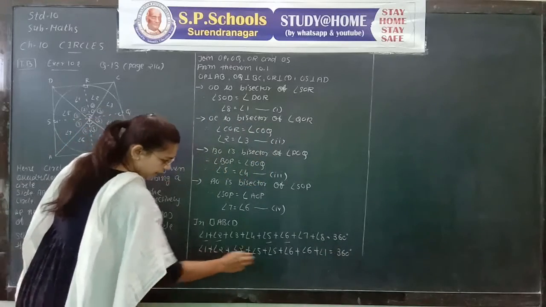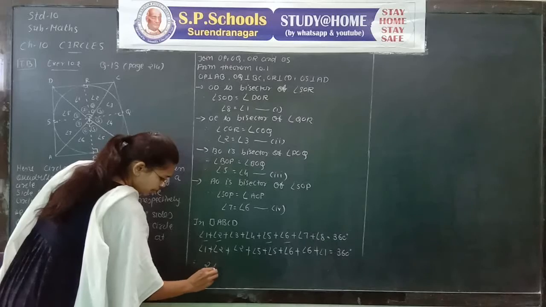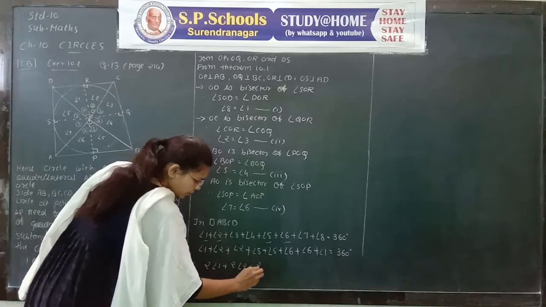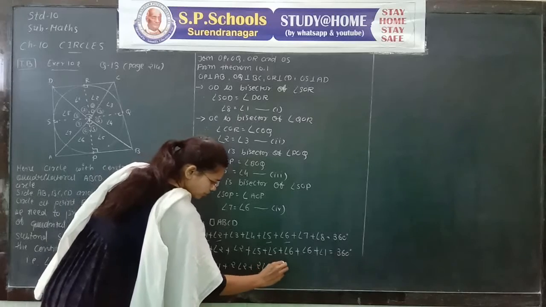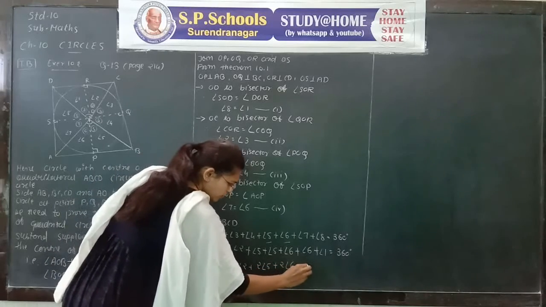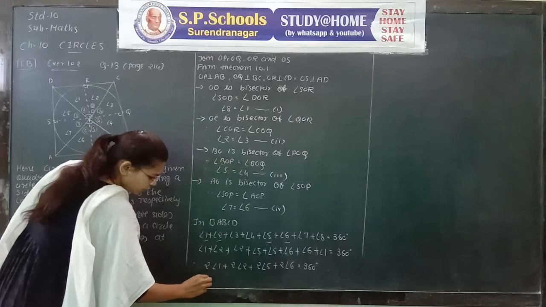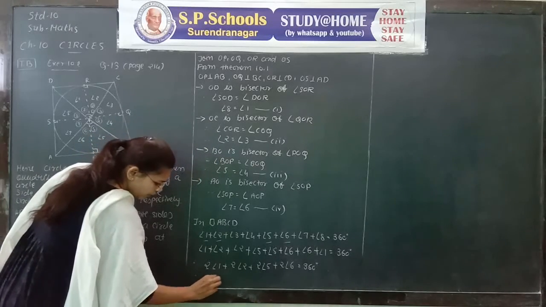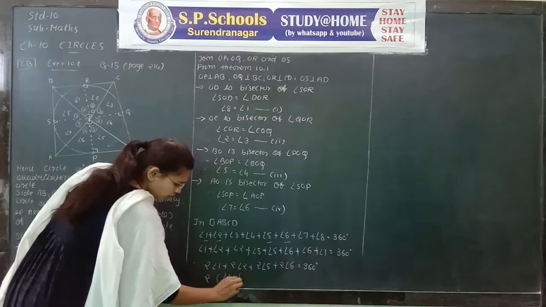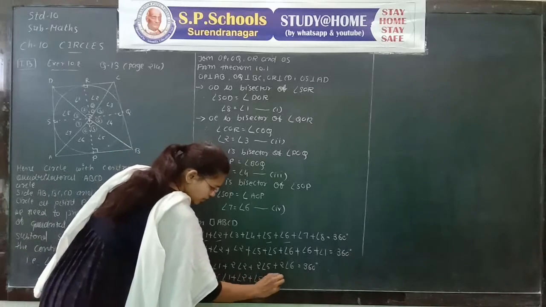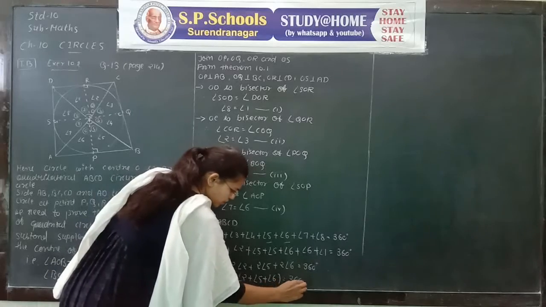Now 1 and 1 come 2 times: 2 times angle 1 plus 2 times angle 2 plus 2 times angle 5 plus 2 times angle 6 is equal to 360 degrees. Take 2 as common: 2 into the bracket angle 1 plus angle 2 plus angle 5 plus angle 6 is equal to 360 degrees.